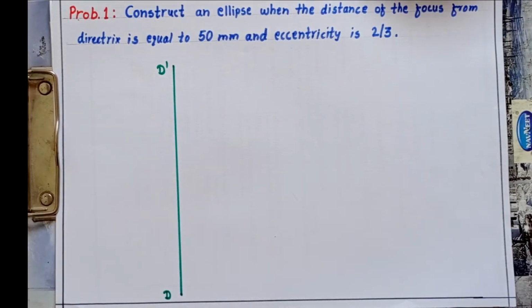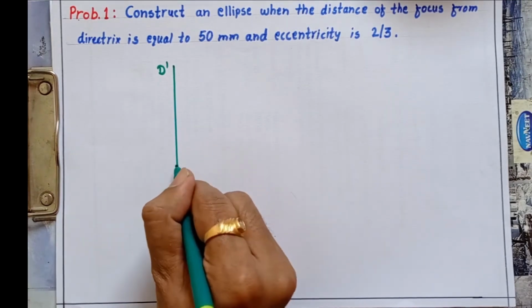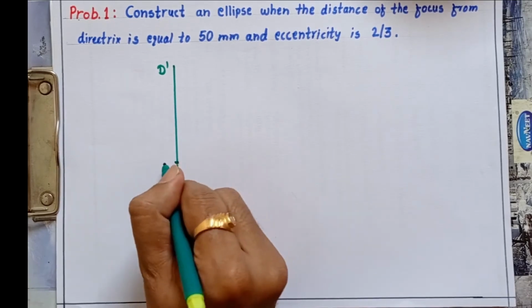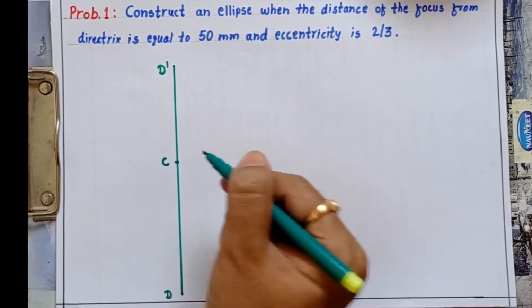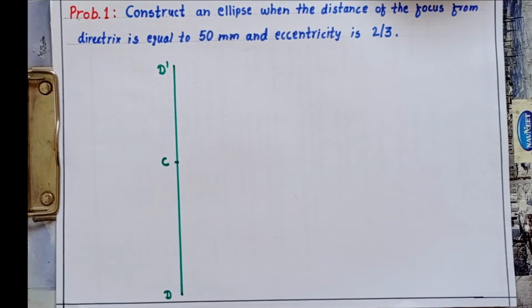Now we have to mark any random point on this directrix. We just mark it over here and name that point as C. Now from this point C, we have to draw one perpendicular line to this directrix, passing through the point C, where the focus point is going to be marked.